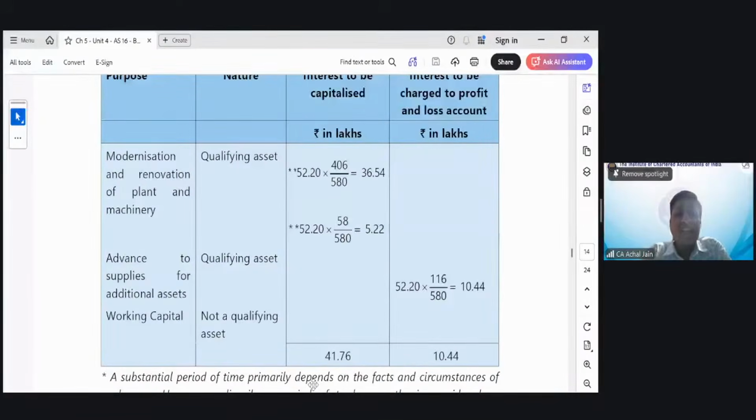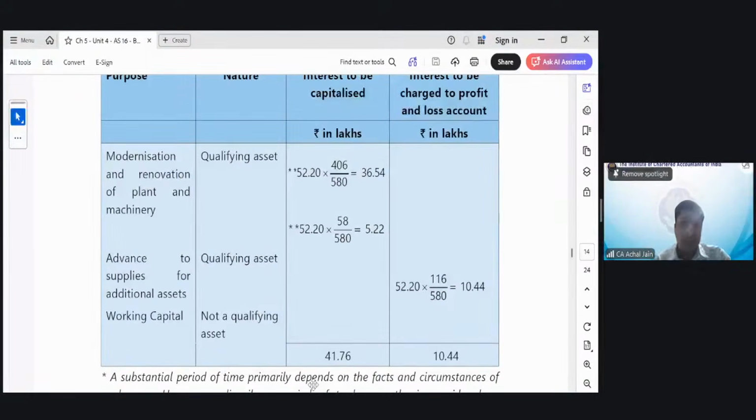Now, in this case, what we need to identify to begin with is the amount spent for qualifying asset and what is not spent for qualifying asset.